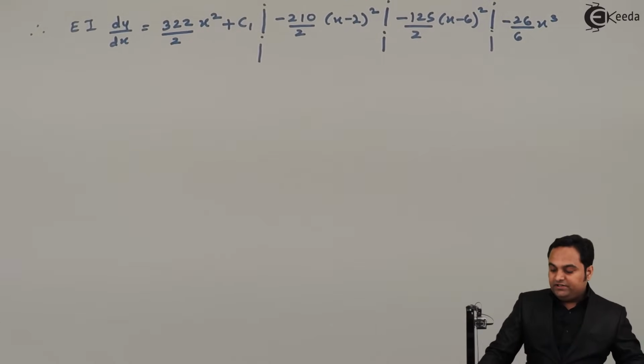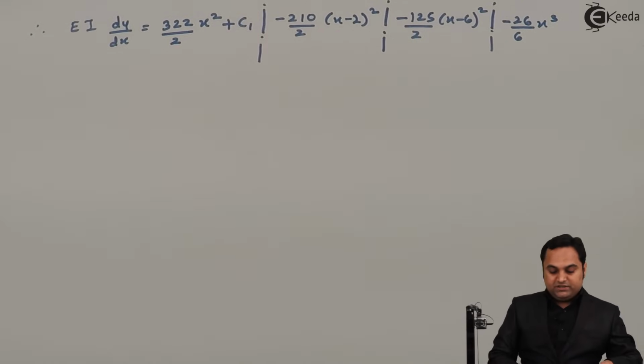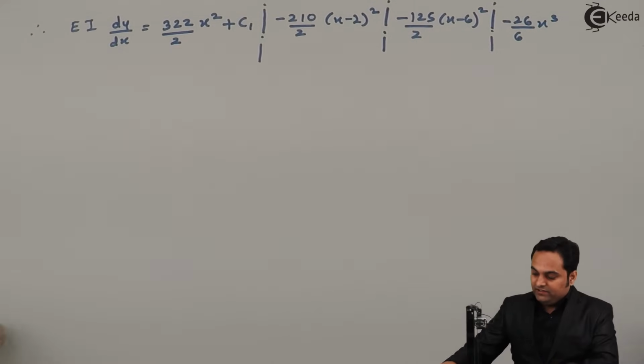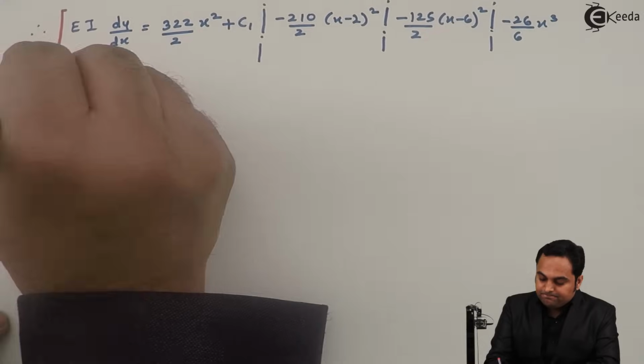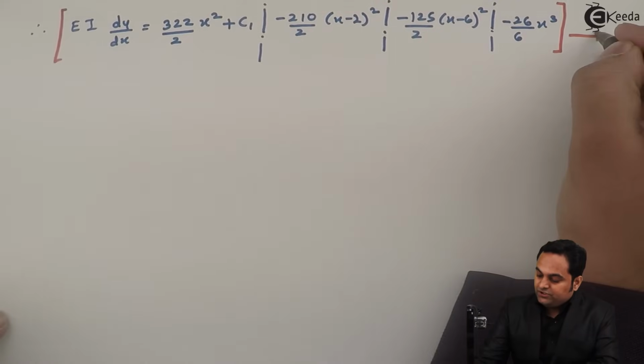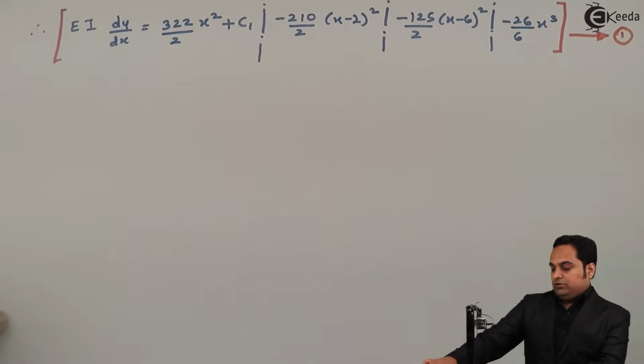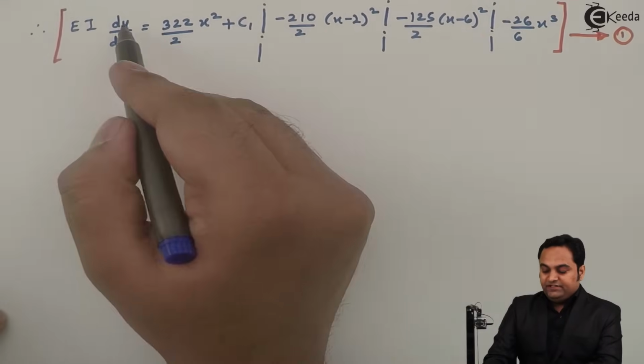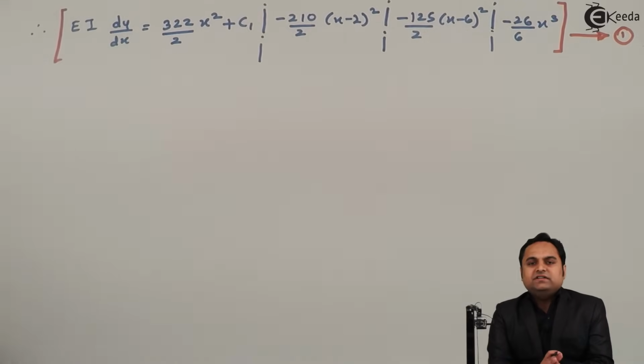Now I have integrated this equation once, and I will call this the first equation. Here dy by dx is nothing but the slope. Next we are going to integrate equation number 1 to get the equation of deflection, that is y.